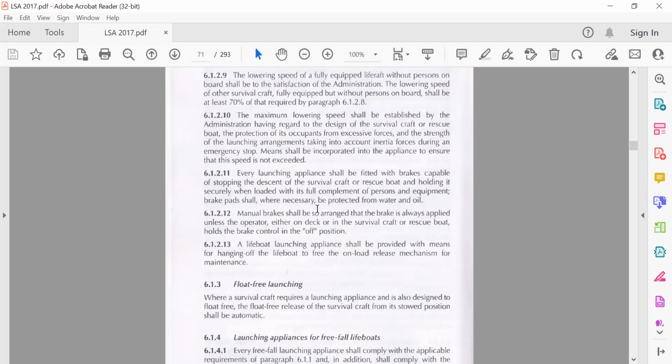When the lifeboat is fully equipped with persons on board and with whatever survival equipment they've held along with them, the requirement says that the appliance must be firm enough, must be secured enough to hold them down the water.